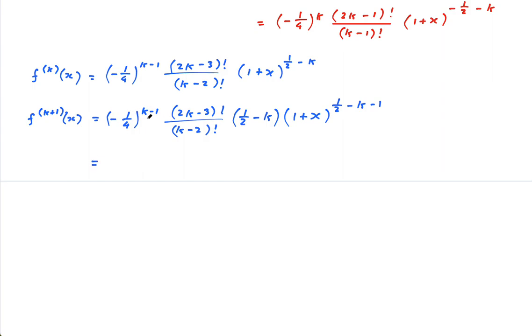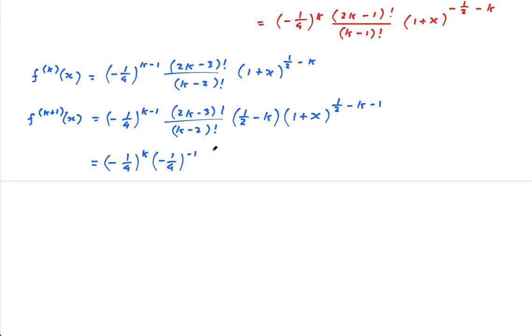So the natural thing to do, guys, is get this minus 1 out of here. So now I have minus a quarter to the power of k times minus a quarter to the power of minus 1. That's fine, because if I add my powers, k minus 1, I get this. So I've just taken it out, which is nice.